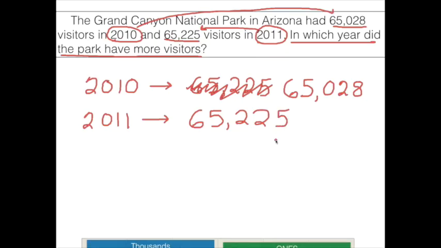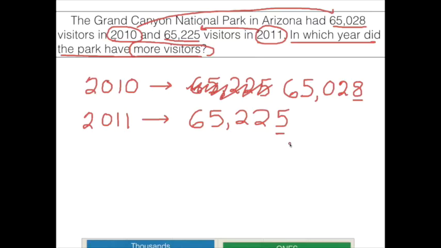Now, we could pull our place value chart up again to compare those two numbers to see which one had more visitors. Which year? Was it 2010 or 2011? But I think if we just look at these numbers and line them up, we're going to see which one it is. So let's look at the ones in both of these.